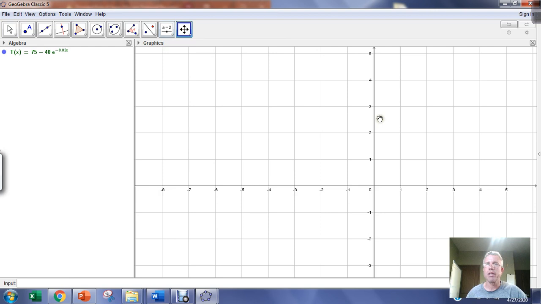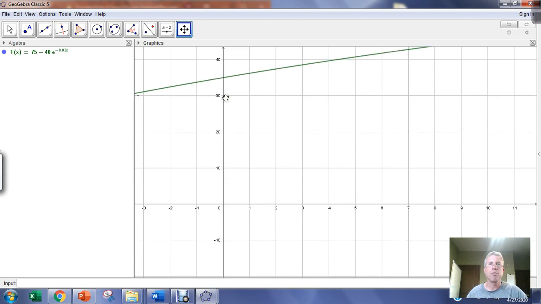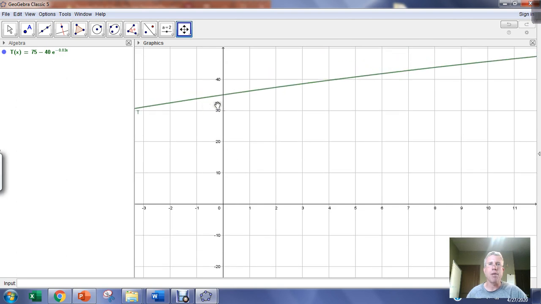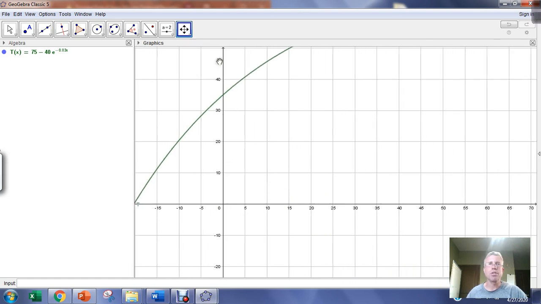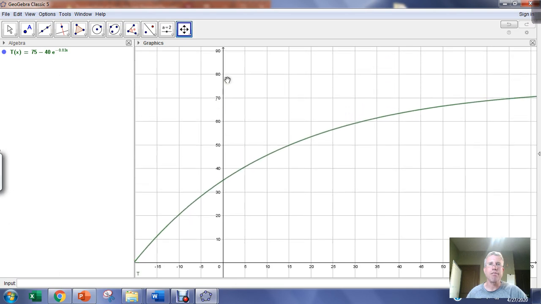And again, like in the previous example, we're not seeing the function because I need to resize my window. The pop is starting at 35 degrees, and because the pop starts at 35 degrees, I expect my temperature graph to start at 35, and my temperature is going to increase to 75 degrees, so I probably want to get the graph up where I can see the 75 degree mark on it.